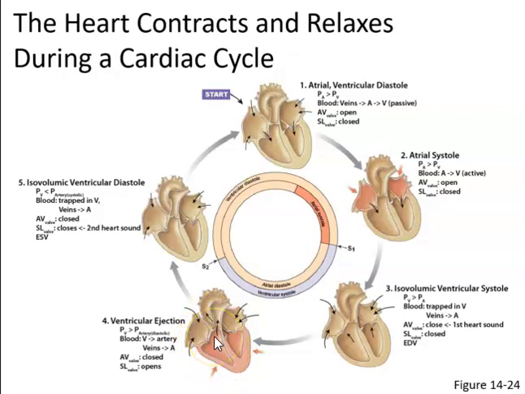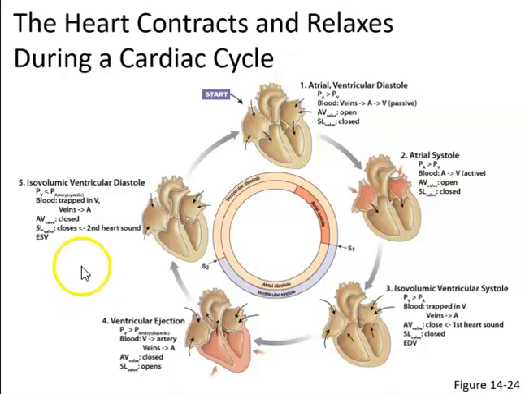The next phase of the cardiac cycle is our isovolumic ventricular diastole, where the ventricles now can relax. Isovolumic, again, meaning that we have the same volume of blood within the ventricles, but instead of generating pressure, we are decreasing pressure, to the point where, again, we can go to the next phase.